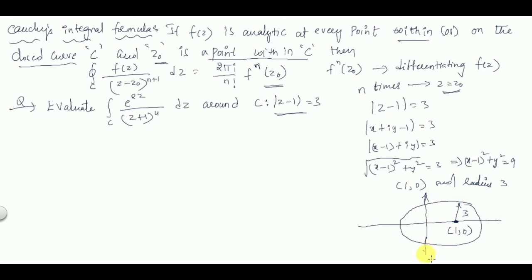Now this is your contour. If this is 1, total radius is 3, so this point will be minus 2, and this point will be minus 1.